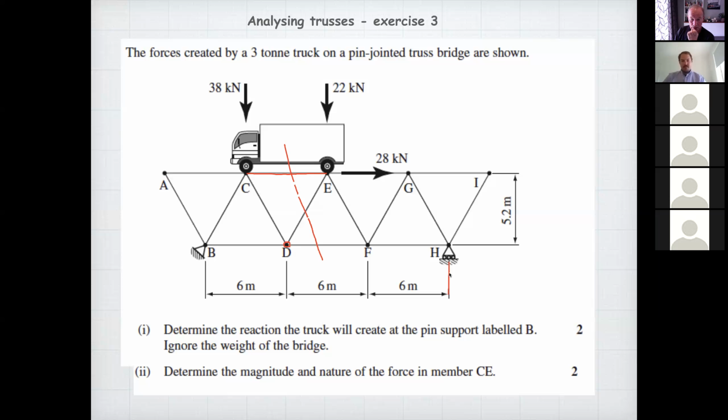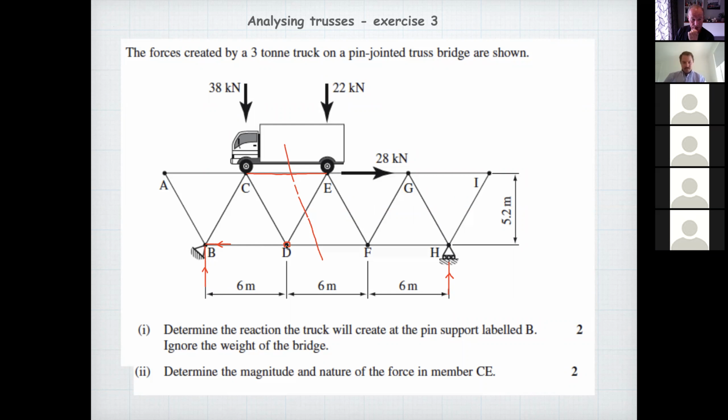So if any student worked out what the right reaction is here, it's a waste of time, because you'll work out the reactions for one. So that reaction will go there, and this reaction will go up there. So if you take moments about that point there, you don't need that reaction there. So it's a waste of time. So you can see how the examiner is leading you into taking the left-hand side to work out the force in that member there.